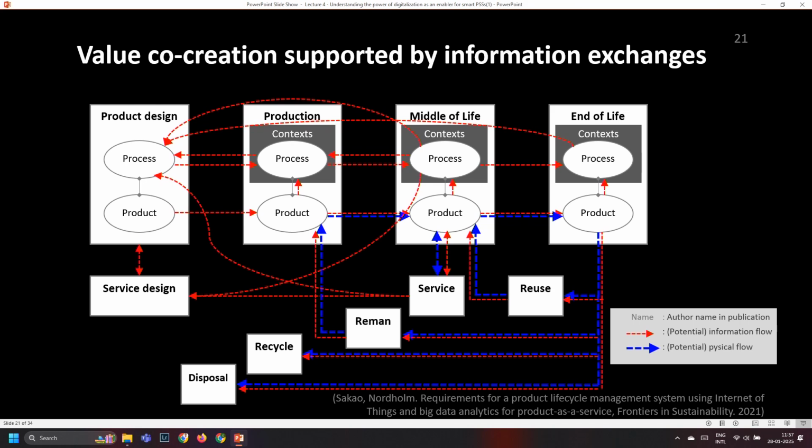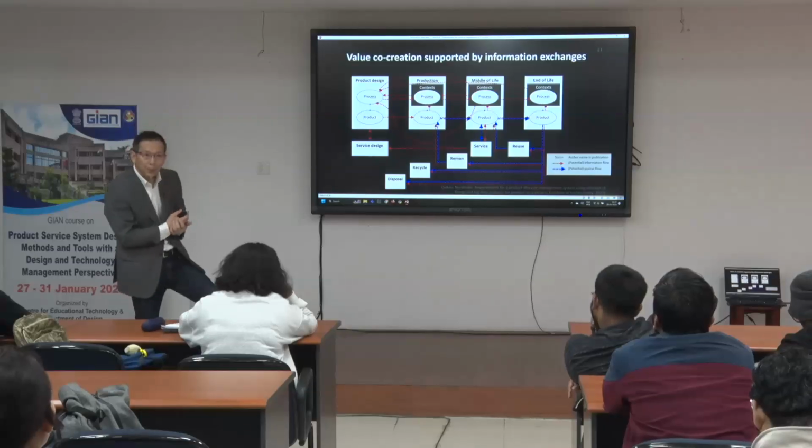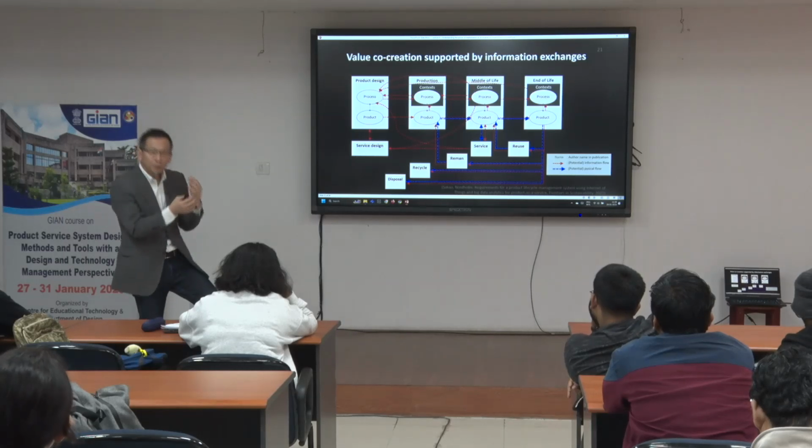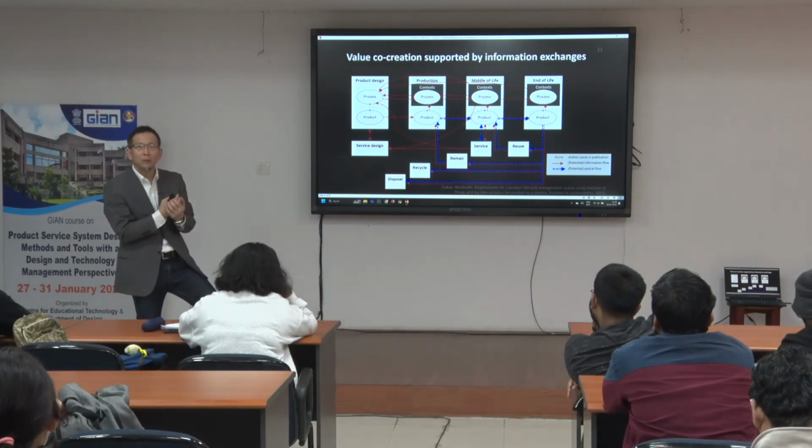But we know that for those physical flows, especially the reverse flows, to happen, we need to have information flows as well.